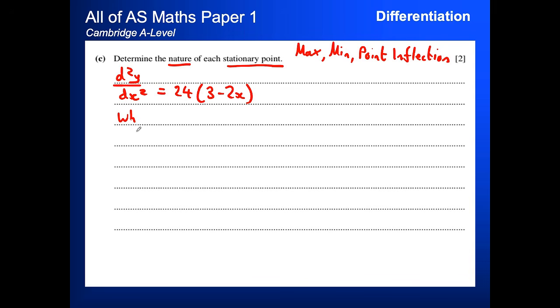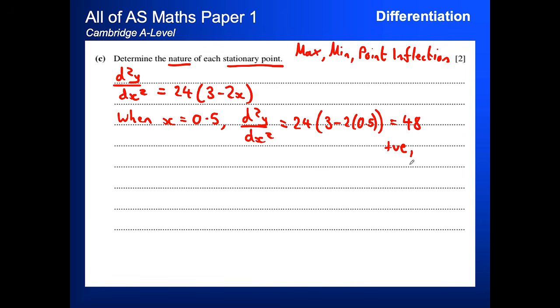So when x is equal to 0.5, d2y over dx squared is 24 lots of 3 minus 2 lots of 0.5, and that's going to give us 48. Now because this is a positive number, this d2y over dx squared is positive, that means it's going to be a minimum.